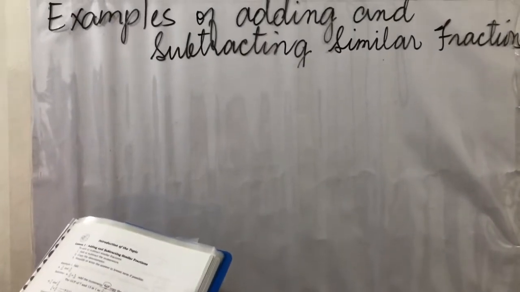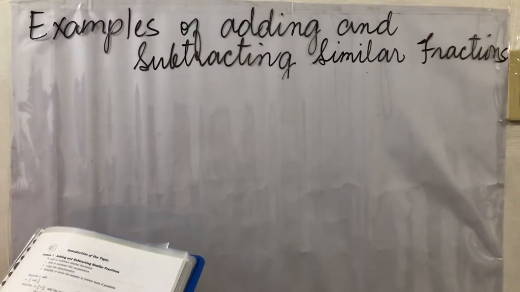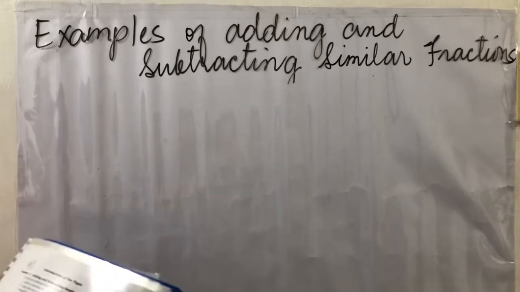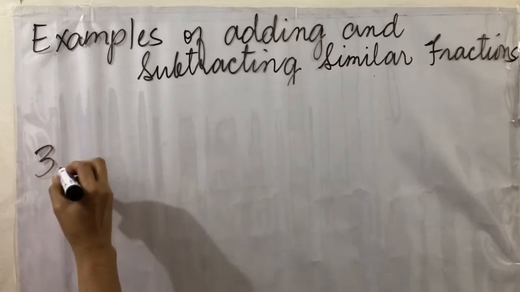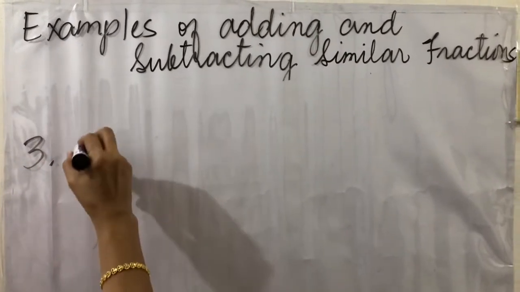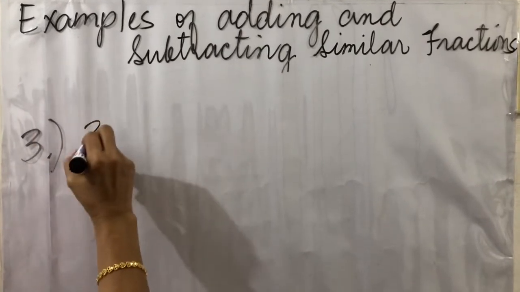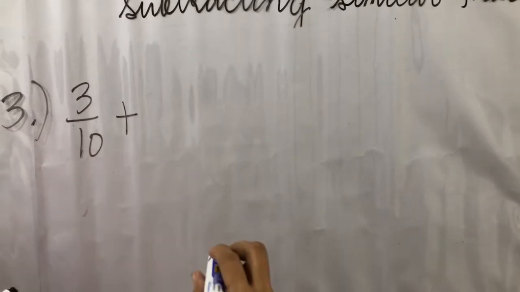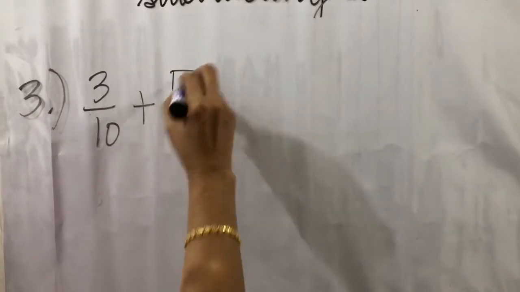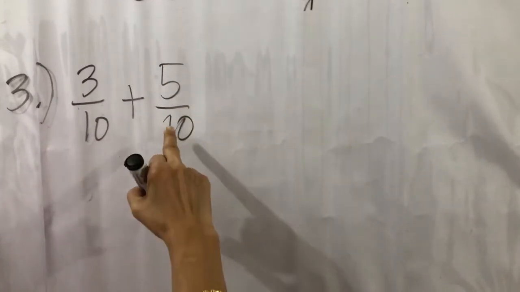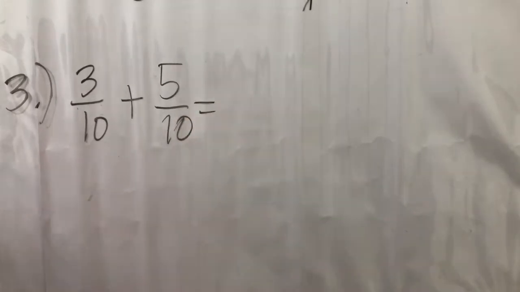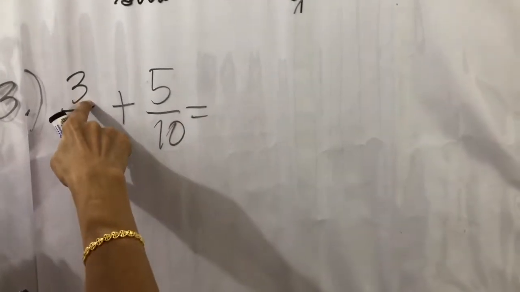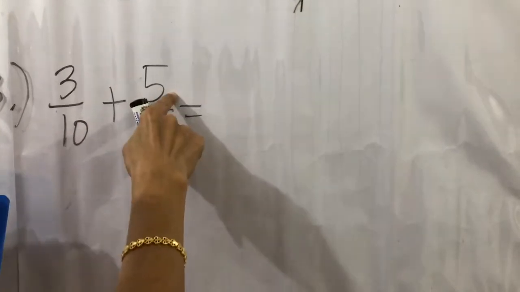Example number 3. Add 3/10 plus 5/10. So we have number 3. 3/10 plus 5 tenths equals, add the numerators 3 and 5.